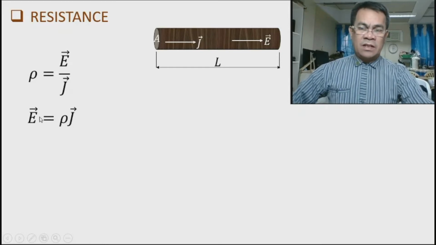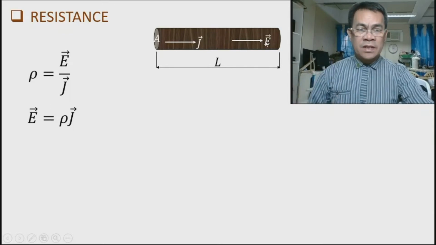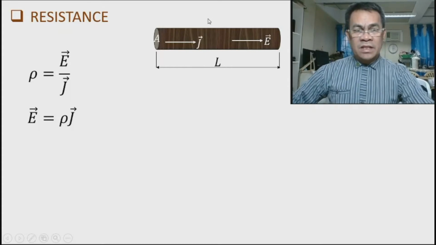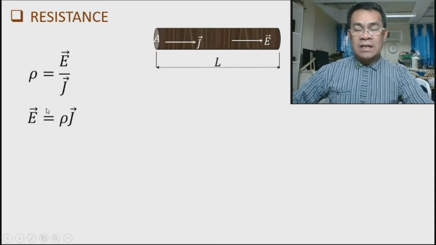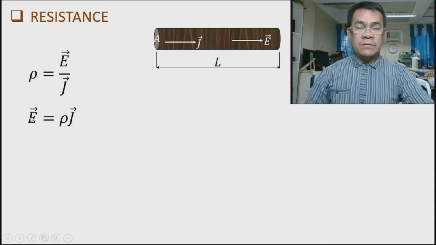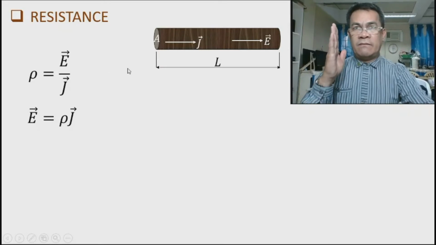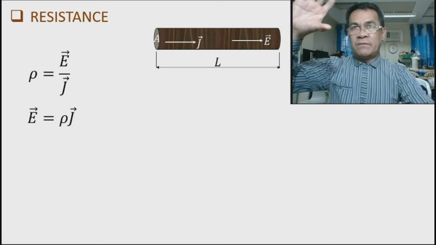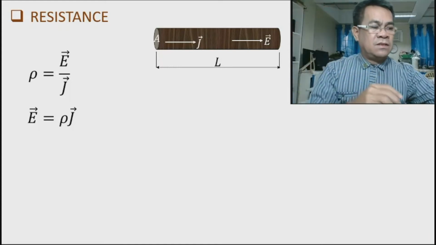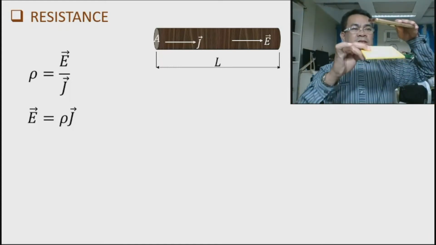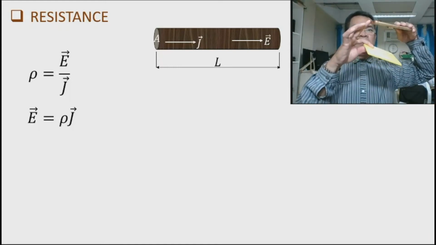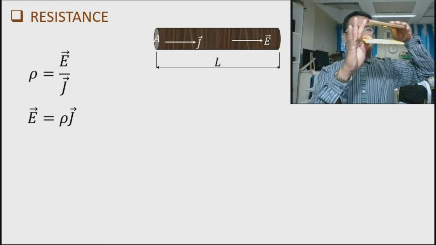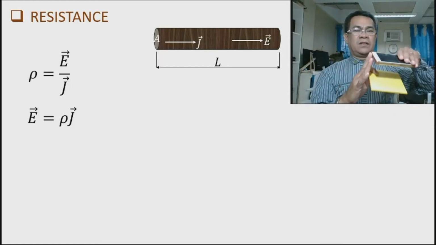Now, take note that the electric field, as I said in the previous slide, is equal to the potential difference divided by L. Remember our parallel plates formula: the potential difference of the parallel plates, the voltage between them at a distance d, is the potential difference.